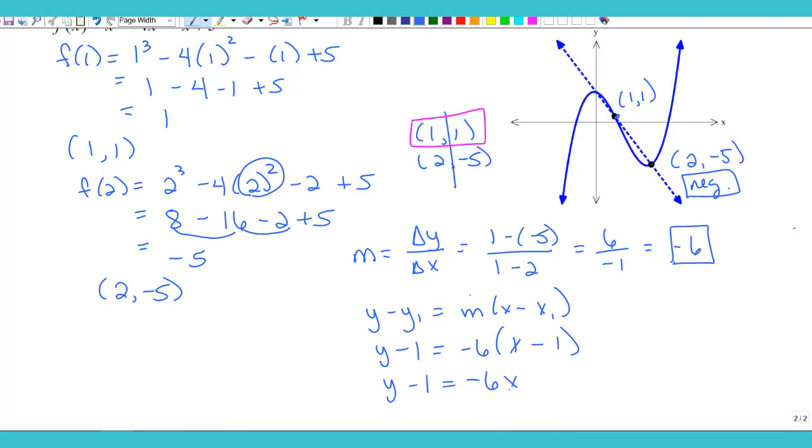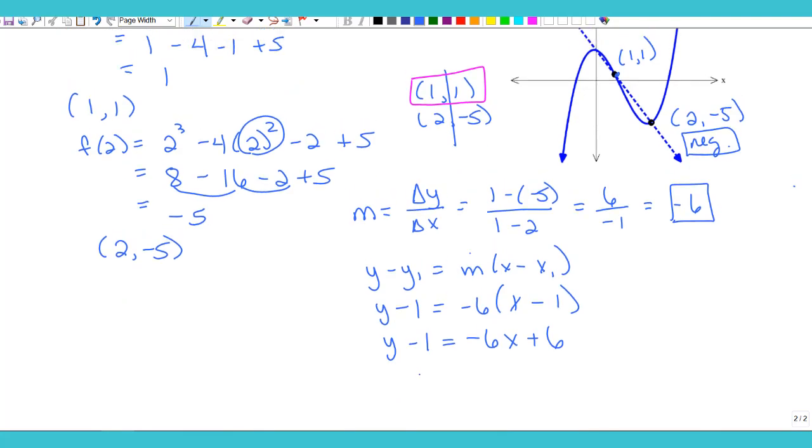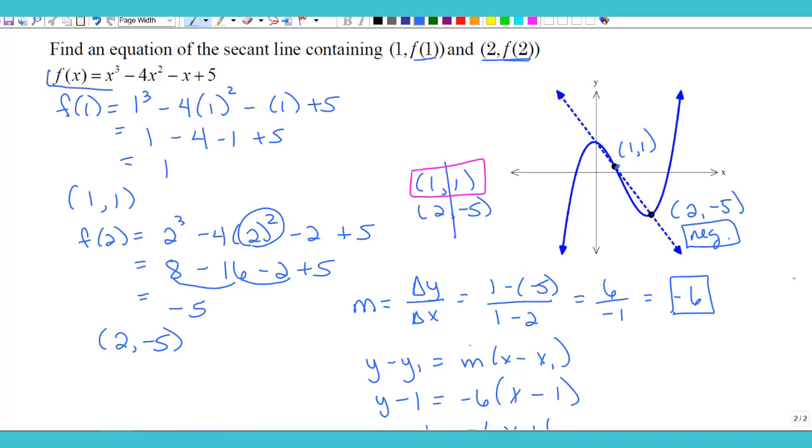So I'm going to distribute and solve for y. So I have y equals negative 6x plus 7. And that is my equation of the secant line that goes through this cubic function at these 2 points. It's really pretty easy.